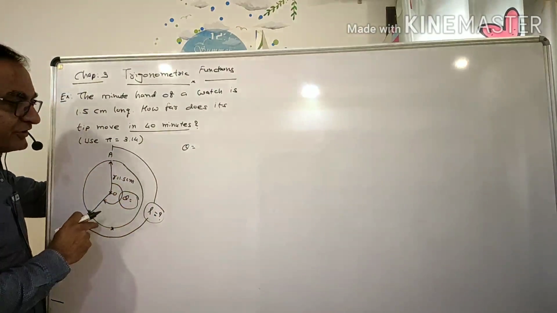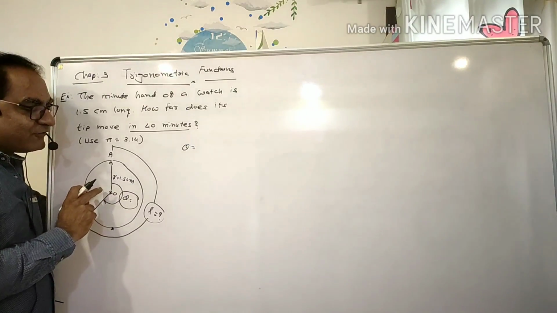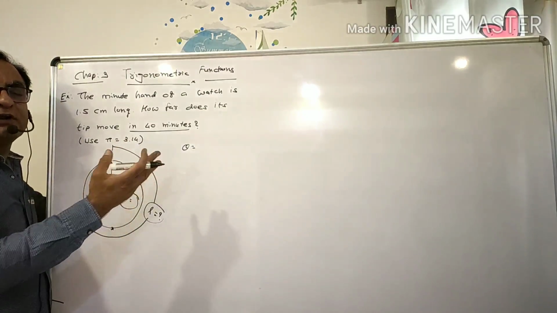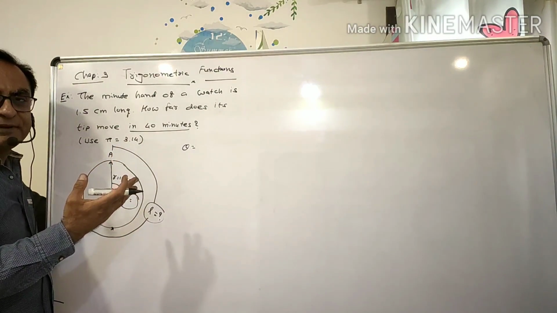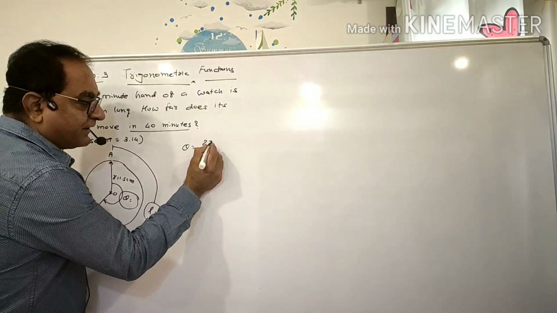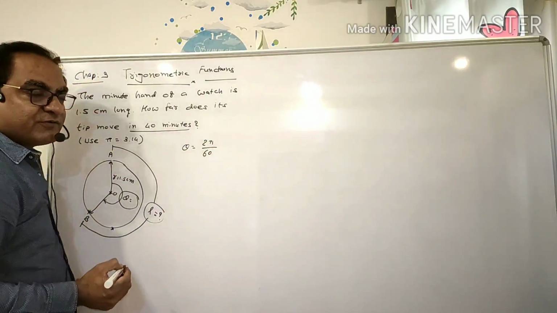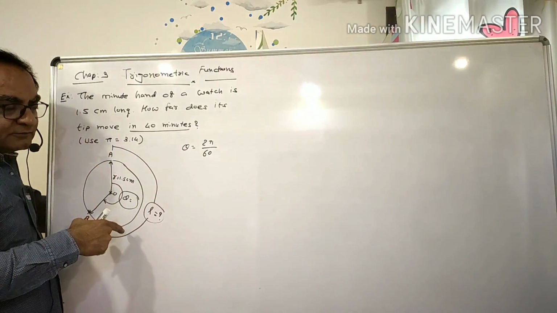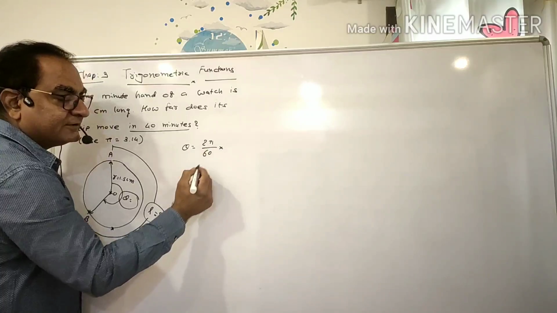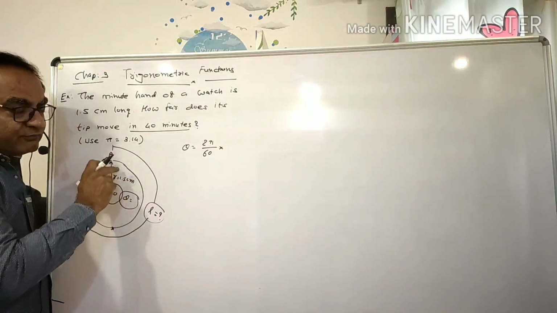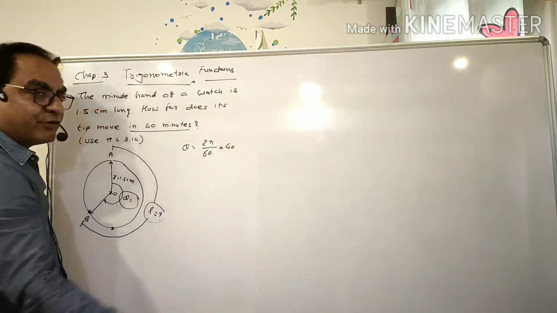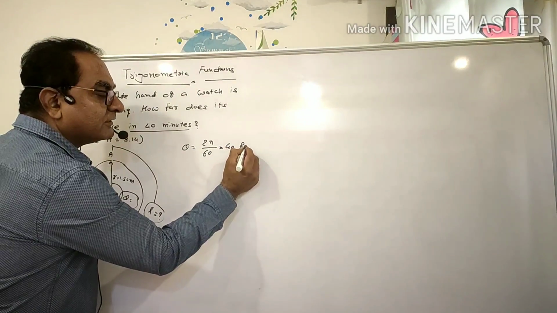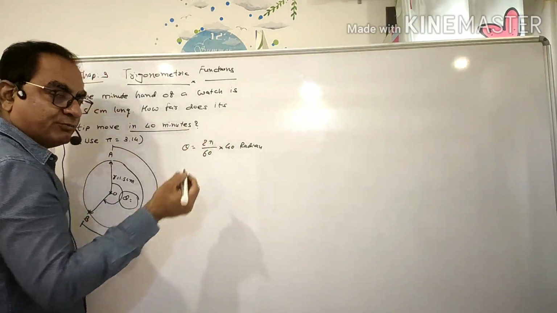For 60 minutes it's 2 pi, then for 40 minutes for how much? So it will be like this, 2 pi divided by 60 per minute. That is how many radians per minute for one revolution, and then it's a movement of 40 minutes, so it is multiplied by 40. And it is in radians because we have taken 2 pi.